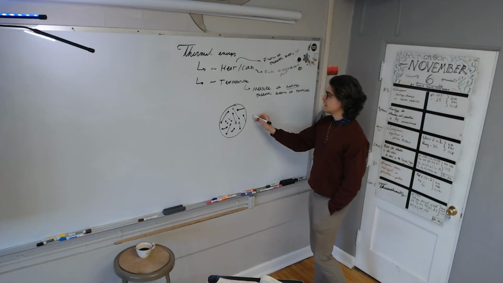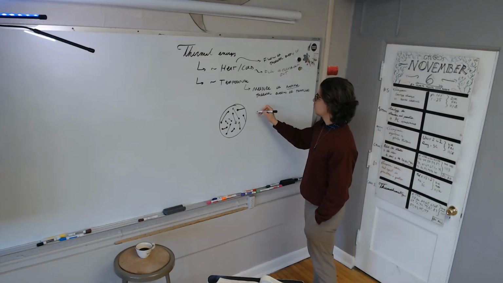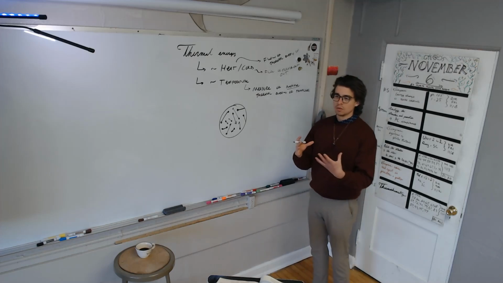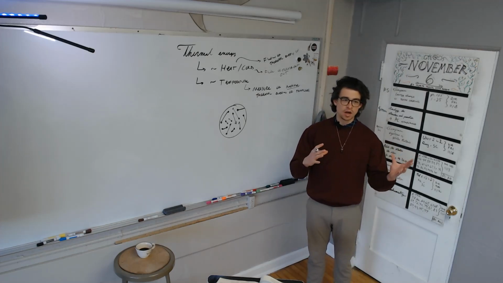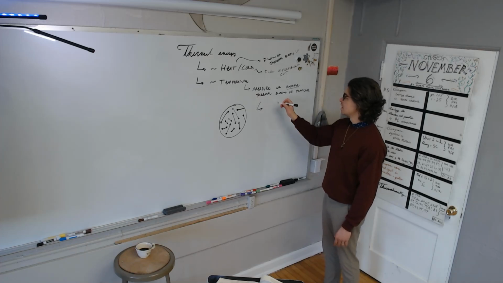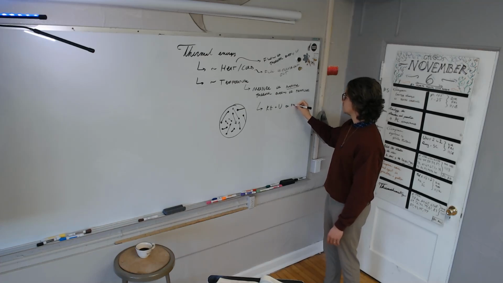Thermal energy is, you remember that when we were talking about macroscopic, large-scale objects, we said the mechanical energy is an object's potential energy plus its kinetic energy. Well, kind of in the same way for these particles, thermal energy is the kinetic energy plus the potential energy of the particles.